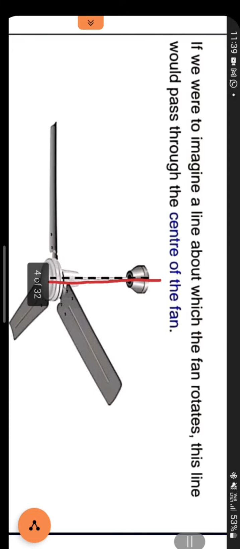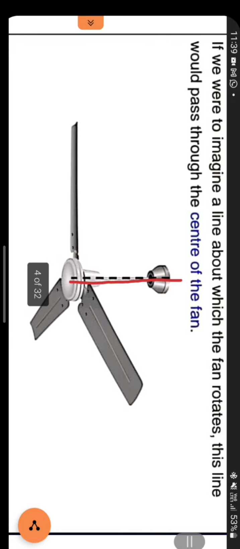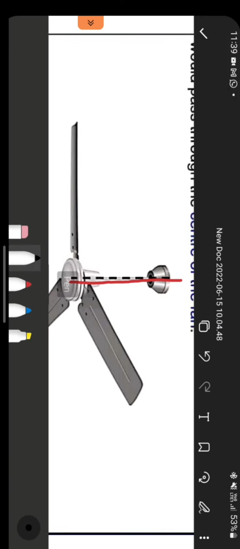Whenever any object rotates along its axis, remember the difference between circular motion and rotatory motion. Rotatory motion means the object always moves along its own axis.